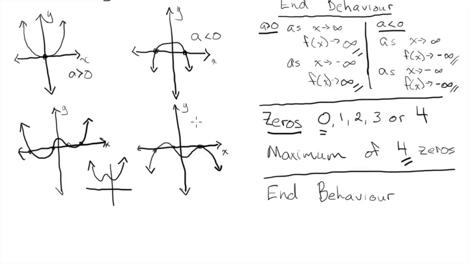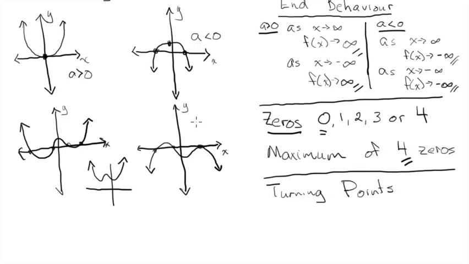And finally, we look at end behavior. Oh, sorry, this shouldn't say end behavior. This should say turning points. So we want to look at the number of turning points. So notice there's a different number of turning points on the different ones I've drawn. This one only had the one turning point right here, decreasing to increasing, and this one also had one turning point, right there, increasing to decreasing.